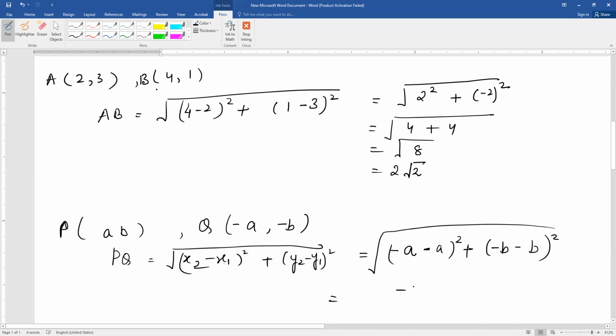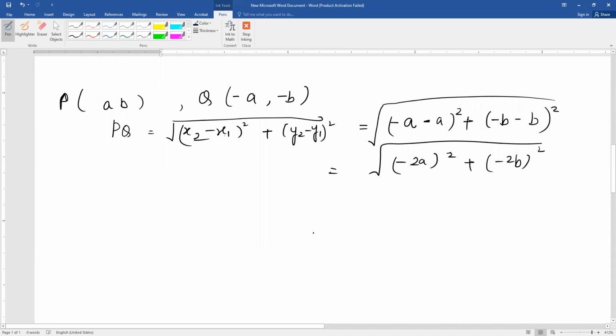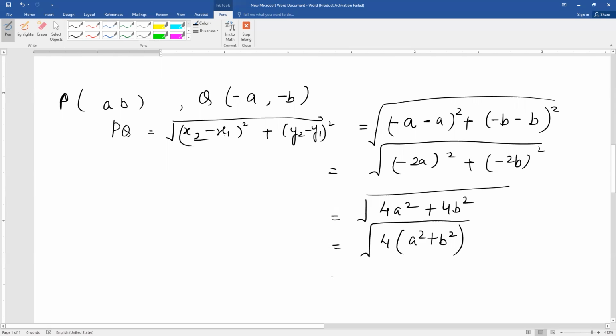What do we get? Minus 2a whole square plus minus 2b whole square under the root. This gives you 4a square plus 4b square. 4 common, a square plus b square under the root.